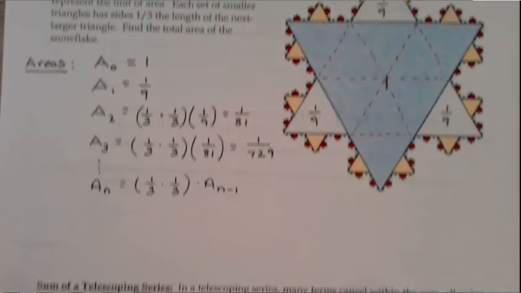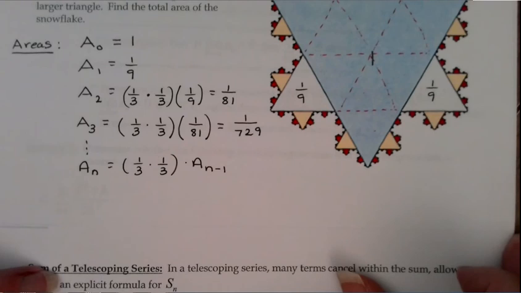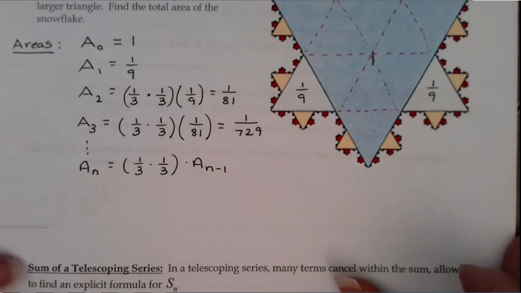All right, so we've got our areas. Let's think next about how many of each of these triangles there are.